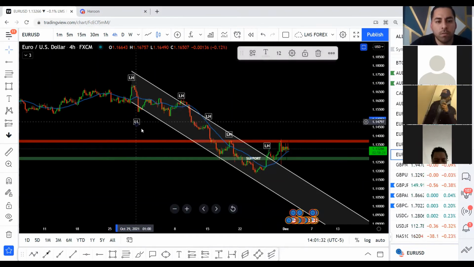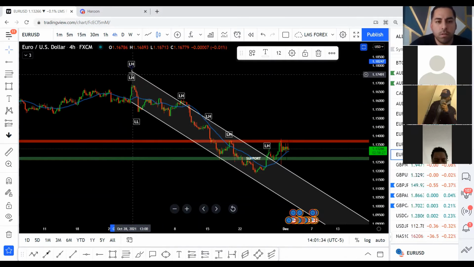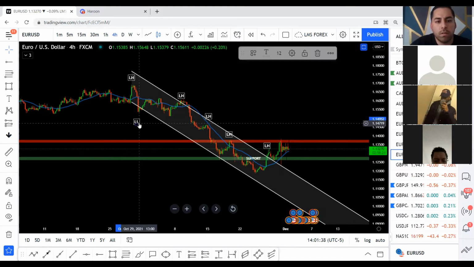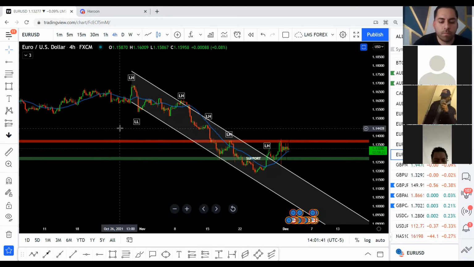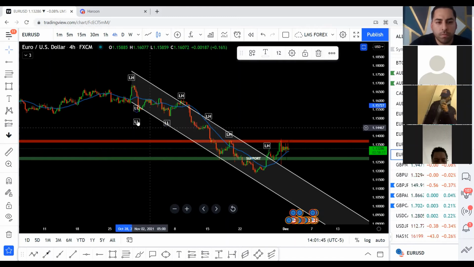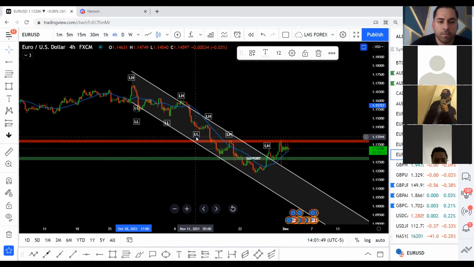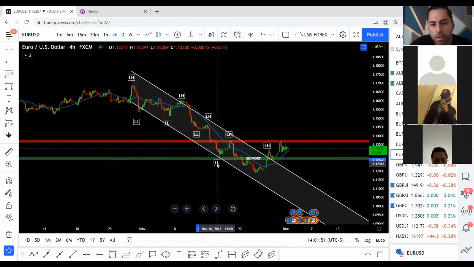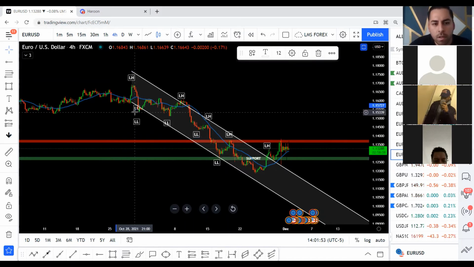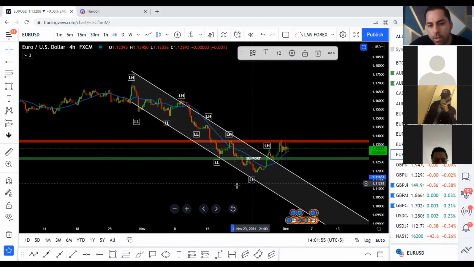Okay, lower lows. Copy this. Okay, lower lows. And even here is one. Here is another one. And here is another one.